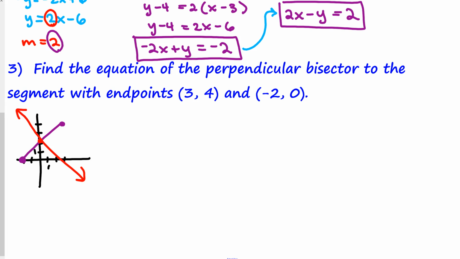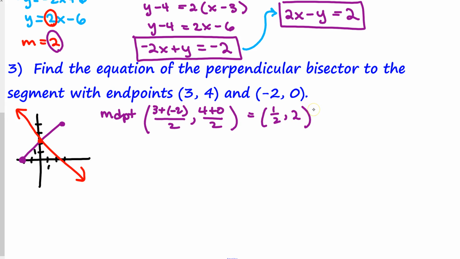Let's find that midpoint. The midpoint is going to be the average of the x-coordinates, comma, the average of the y-coordinates, and that simplifies to be (1/2, 2). Okay, we also need to know the slope of our line. To find the equation of the line, we need a point and a slope. Now we have a point.